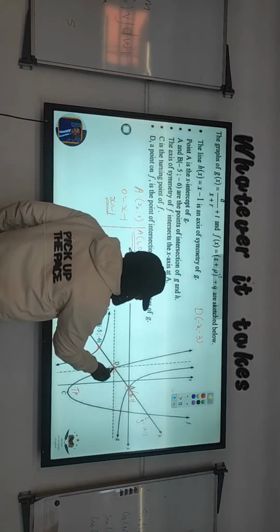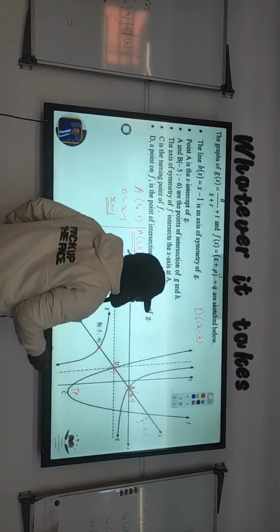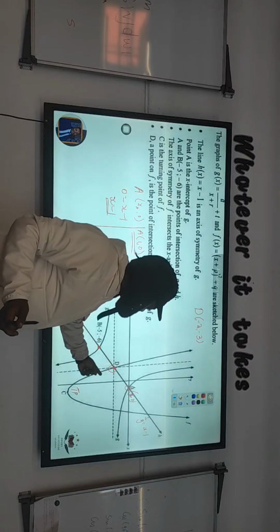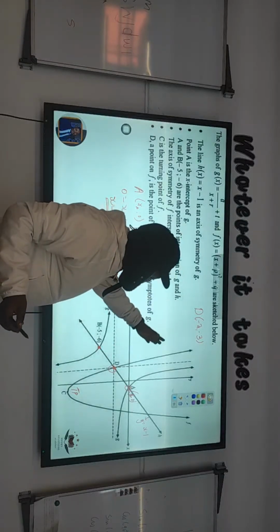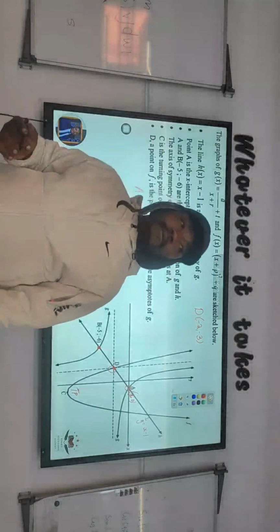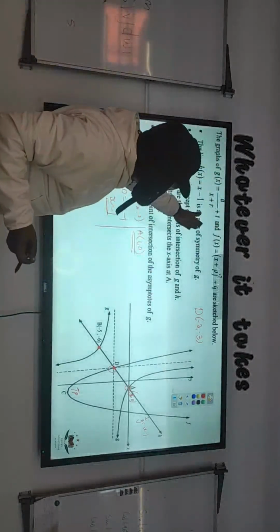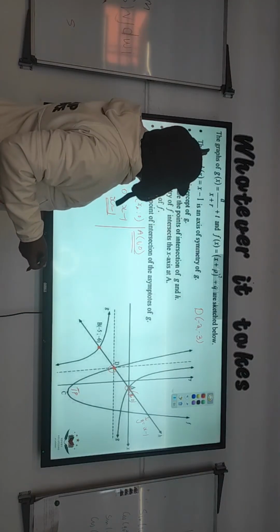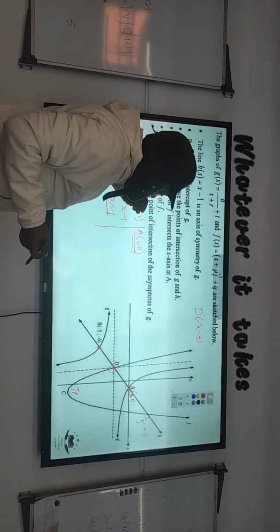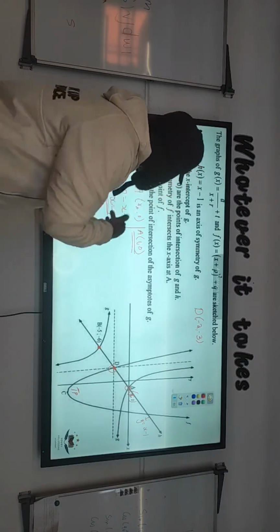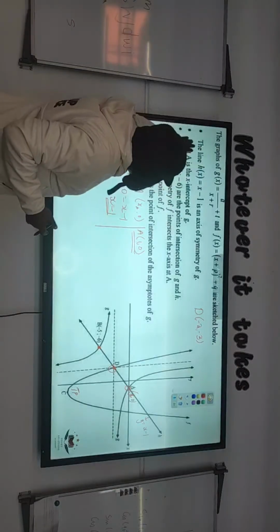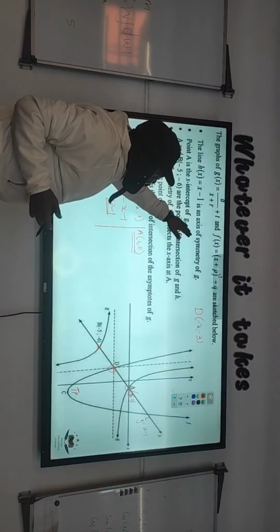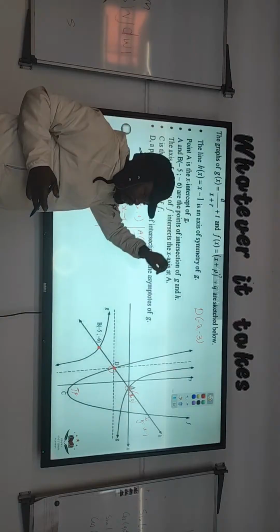And then this has also given us a clue to say this is our point of intersection of the 2 equations, but we don't have any of the variables in those equations, because we have f of x equals x plus p squared plus q, and g of x equals x plus r. So I want to ask you something. The line h of x equals x minus 1, we said it was an axis of symmetry, right?